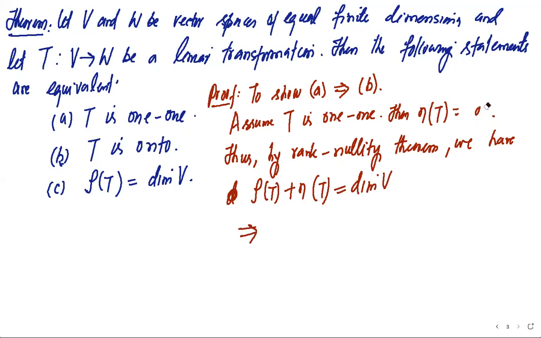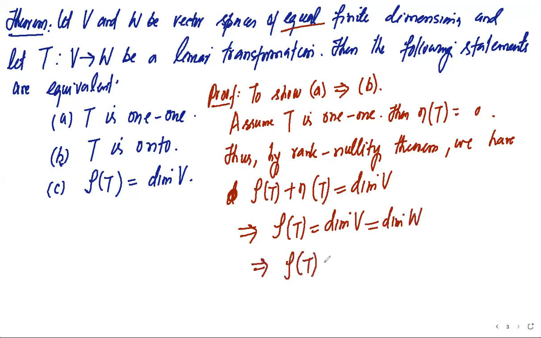This is just 0, not the set. The set is the null space. So therefore, this implies rank of T is equal to dimension of V. But now here we will use this: we have two vector spaces of equal dimension, so dimension of V is equal to dimension of W. Therefore, we can write this is equal to dimension of W. And this implies rank of T is equal to dimension of W. Now what is this rank of T?